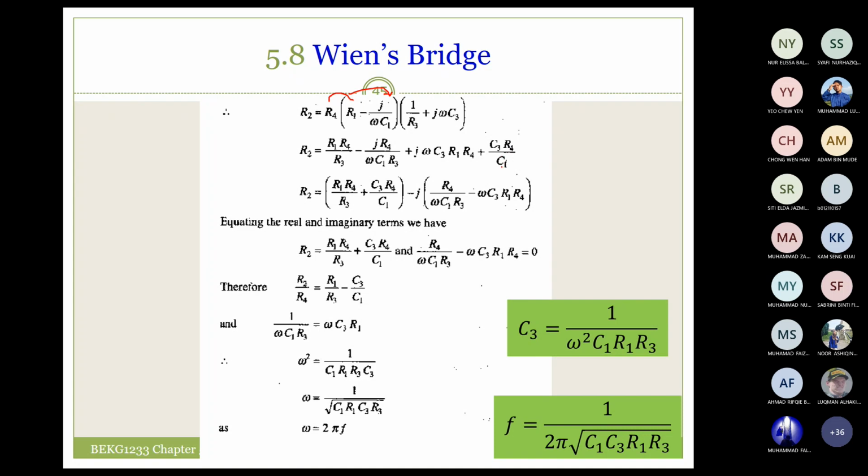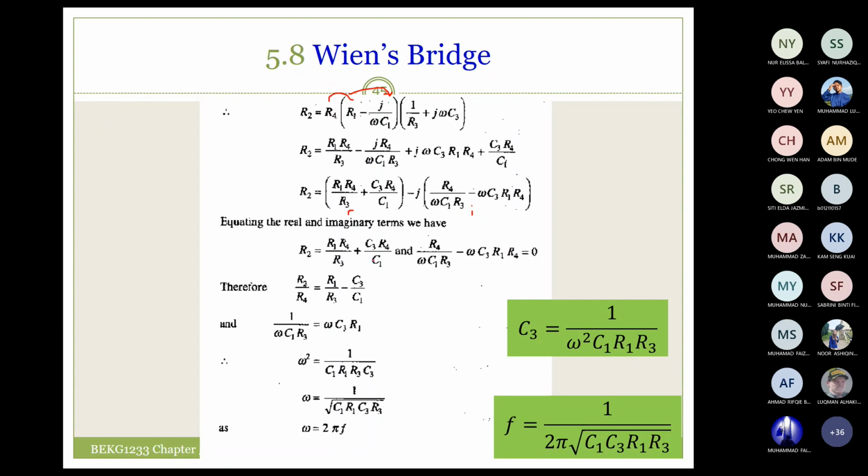Here we can separate the real and imaginary parts. This is imaginary and this is the real. Equating the real, we have R2 is equal to R1 R4 over R3 plus C3 R4 over C1, while for the imaginary we get R4 over omega C1 R3 minus omega C3 R1 R4.